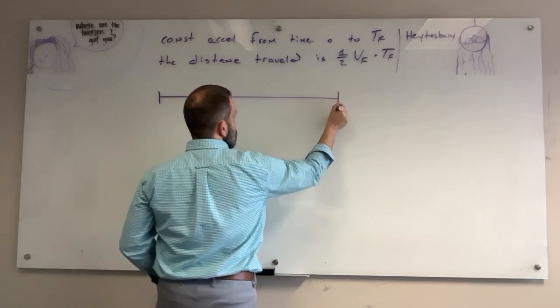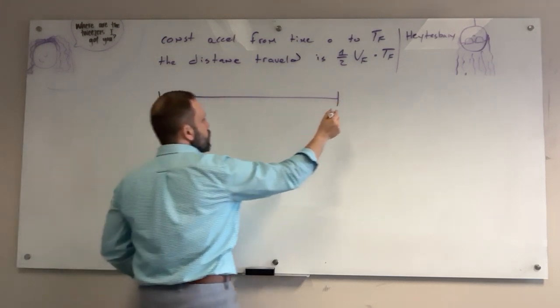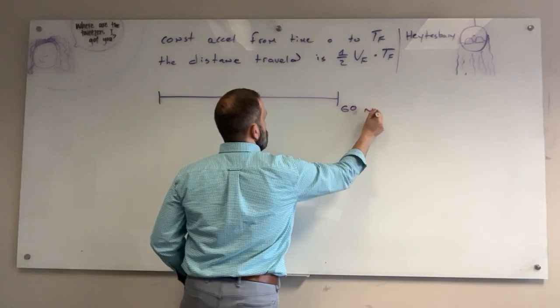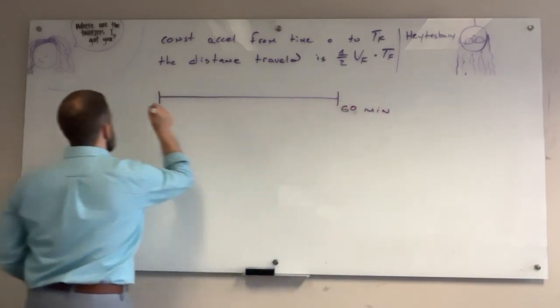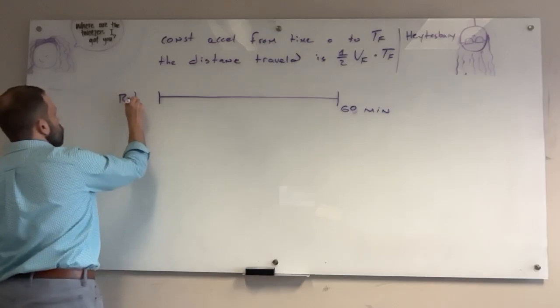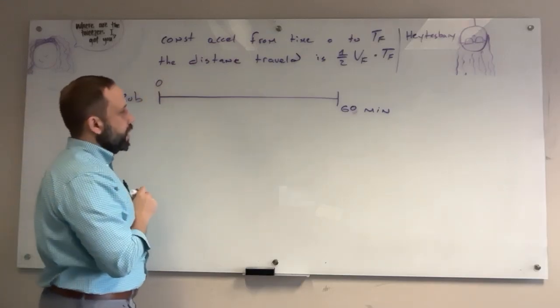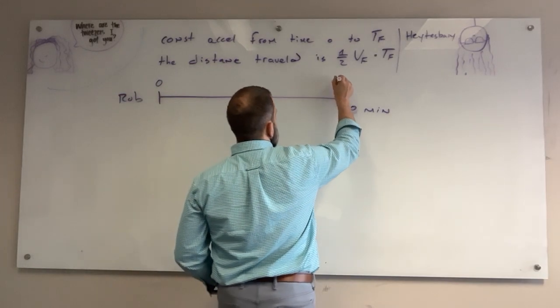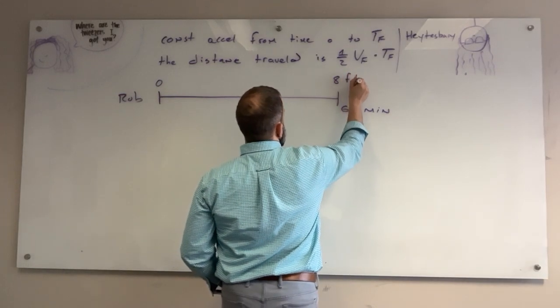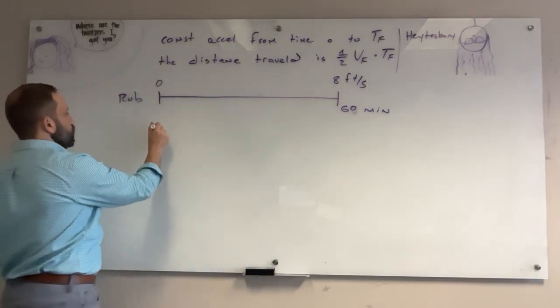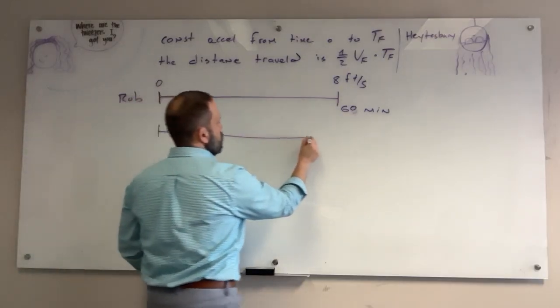These bars here don't represent length, they represent time. So 0 to 60 minutes. The first one is going to be me, Rob. And I have constant acceleration from, let's say, 0 feet per second over here to 8 feet per second after an hour.